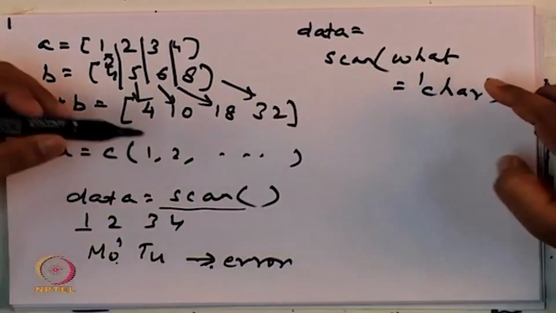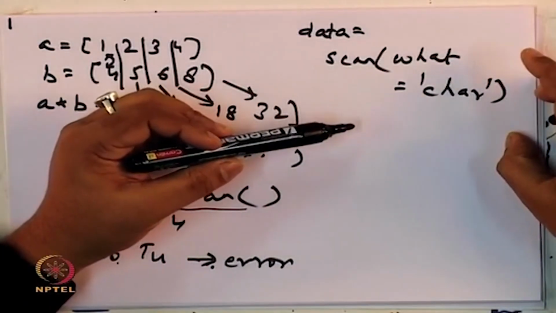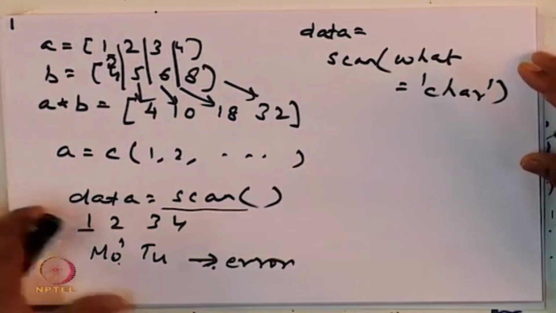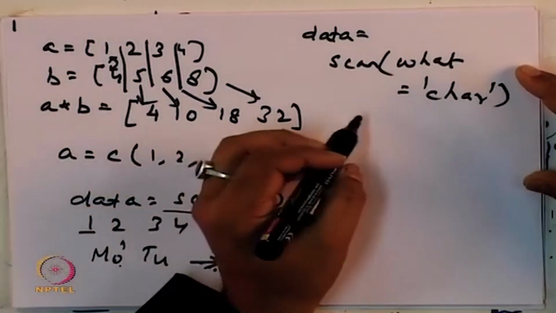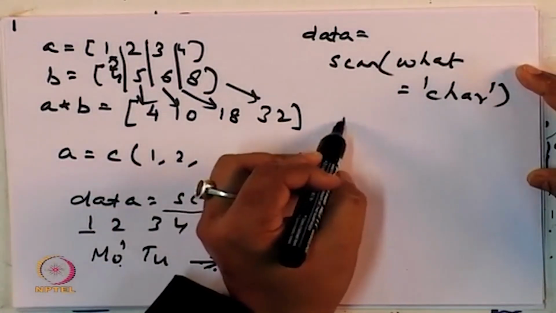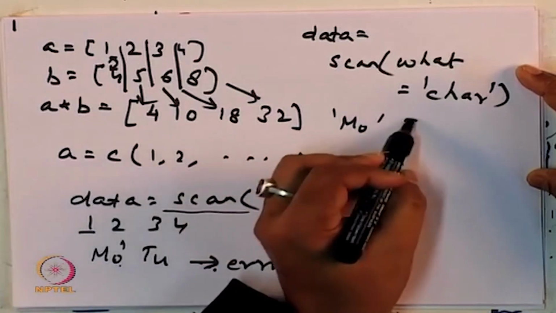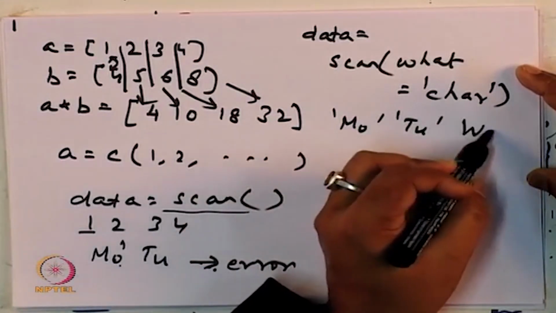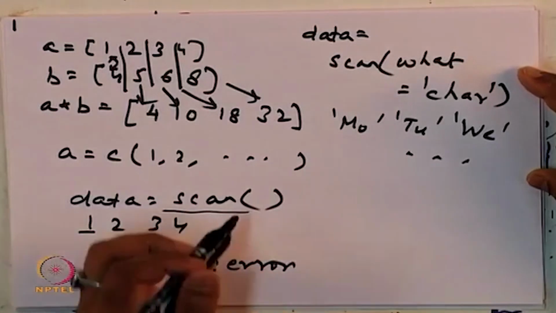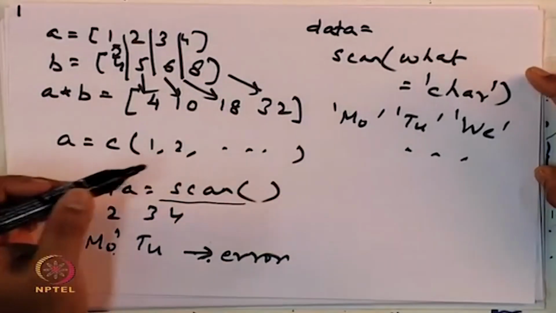Then the software knows that you are entering characters. So if you enter days, you have to write them within quotes: Monday, Tuesday, Wednesday, so on and so forth. Okay. Then it will automatically take it.